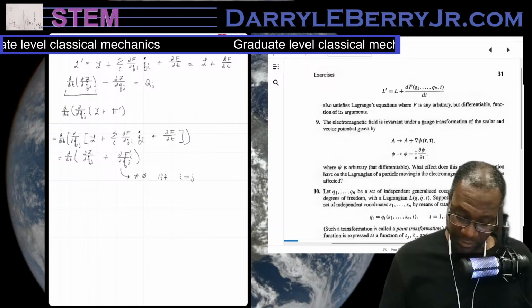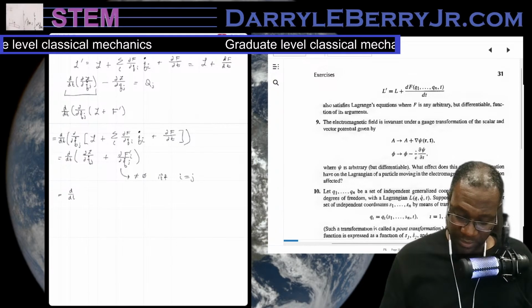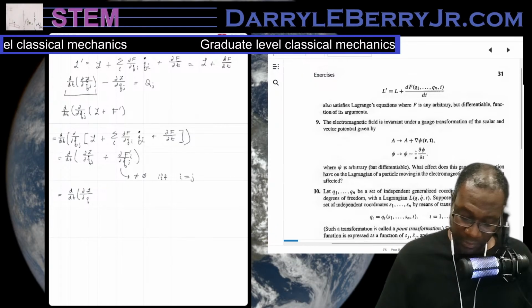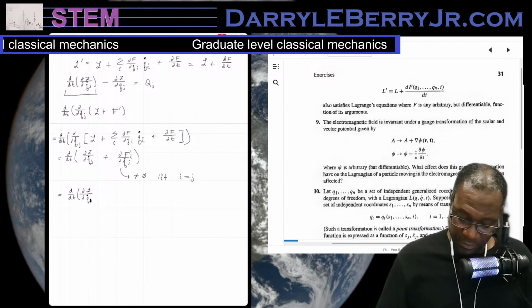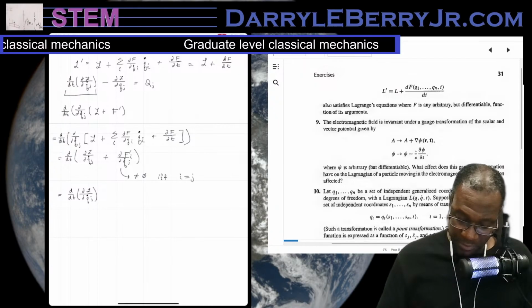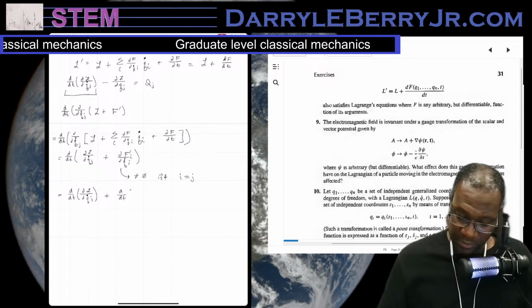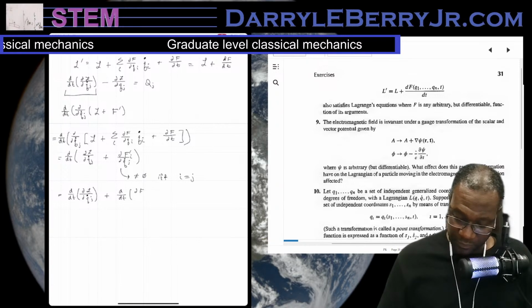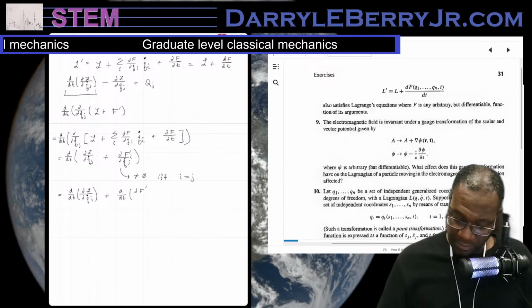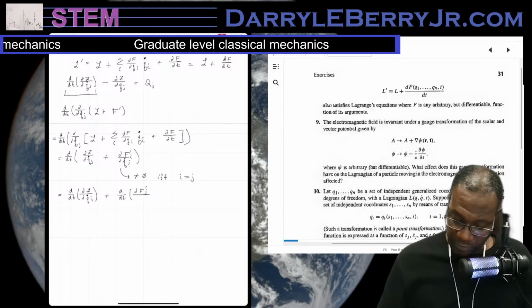I'll just distribute the time derivative: d dt partial L over partial q dot j plus d dt partial f prime, and I'm summing over i, so I could just call all of this j, over partial q dot j.